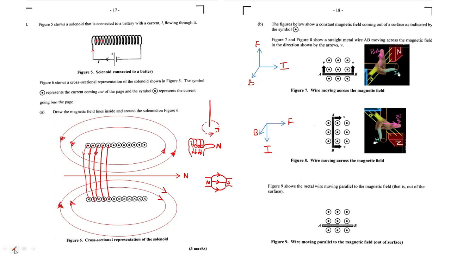All right. So if you imagine a straight line wire, a straight line conductor, you could use your right hand. What you would do is wrap your fingers around it, and the direction of your fingers would show you the direction of the magnetic field.